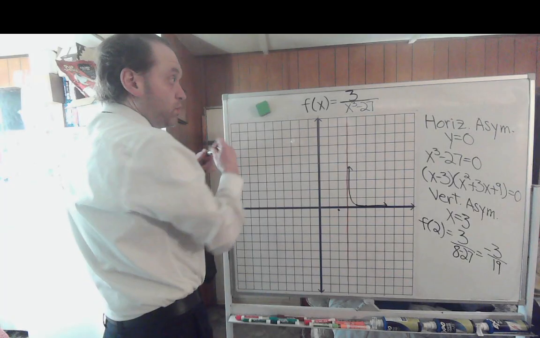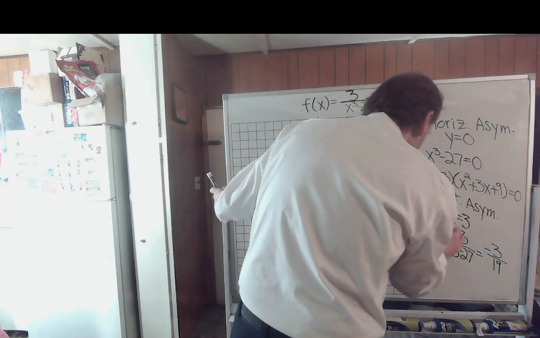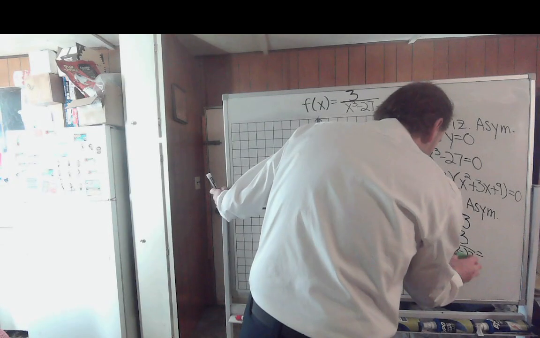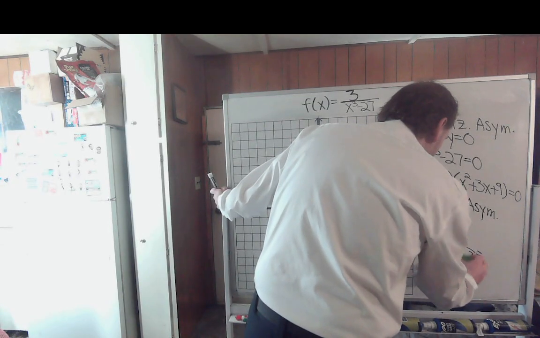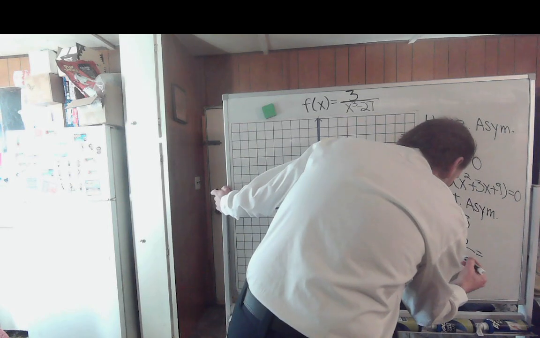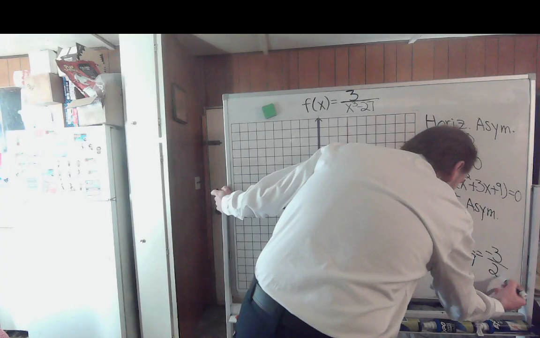So let's go to 1. How about when x is 1? Alright, so that'd be 3 over 1 to the third is 1, so 3 over 1 minus 27, that'd be negative 3/26.